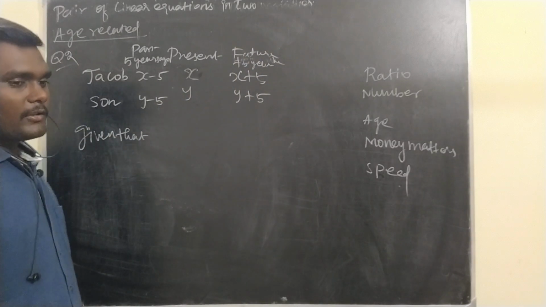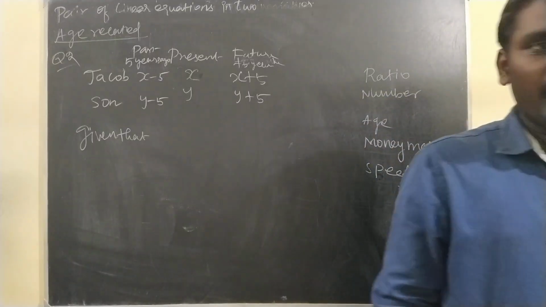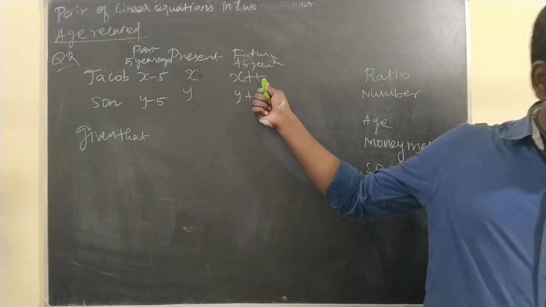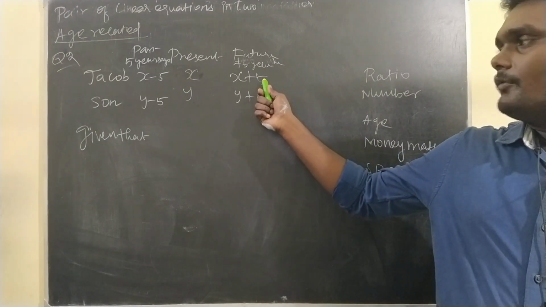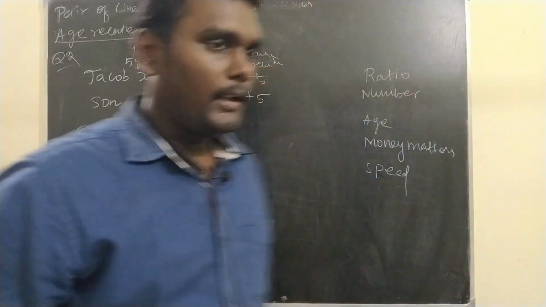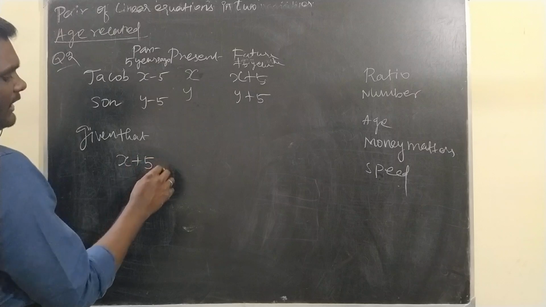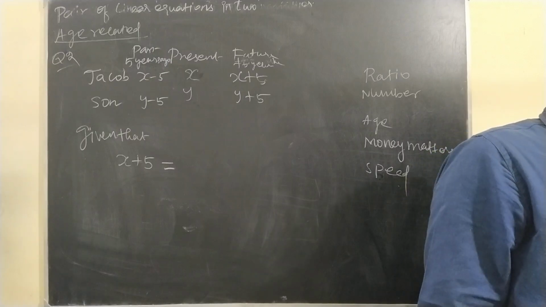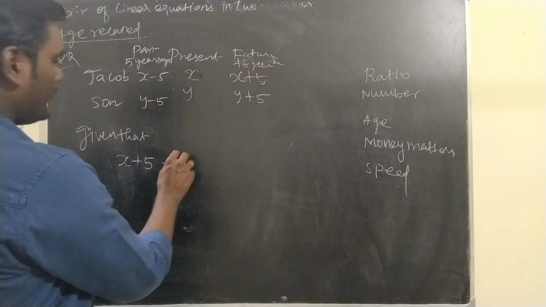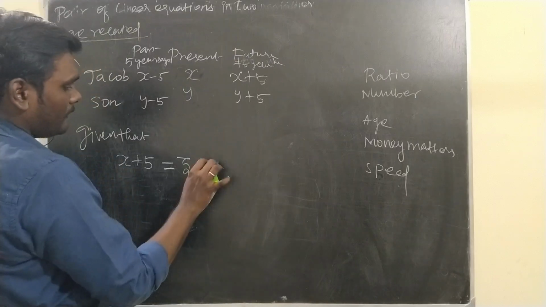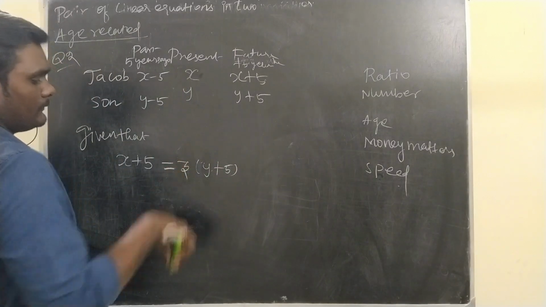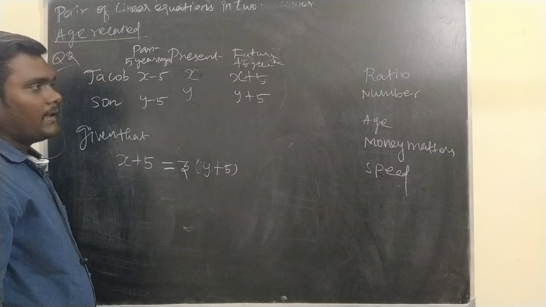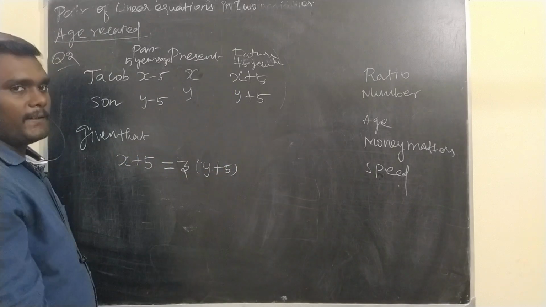Read the question. 5 years hence, is that past or future? 5 years hence, the age of Jacob, x plus 5, is equal to 3 times y plus 5, because it is the future.